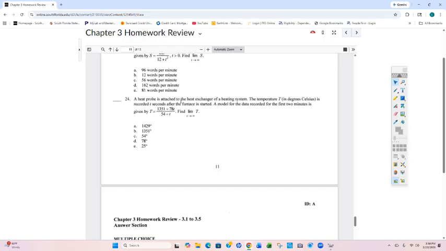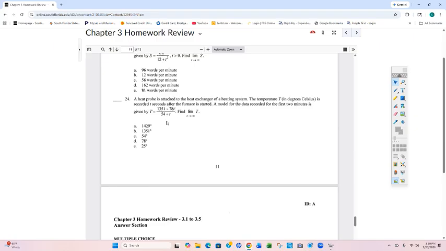Last question, number 24. A heat probe is attached to the heat exchanger of a heating element. The temperature T, capital T in degrees Celsius, is recorded t seconds, that's a lowercase t, after the furnace is started. A model for the data recorded the first 2 minutes is given by, there is no graph, capital T equals, this is a fraction, in the numerator 1,351 plus 78t, that's lowercase t.